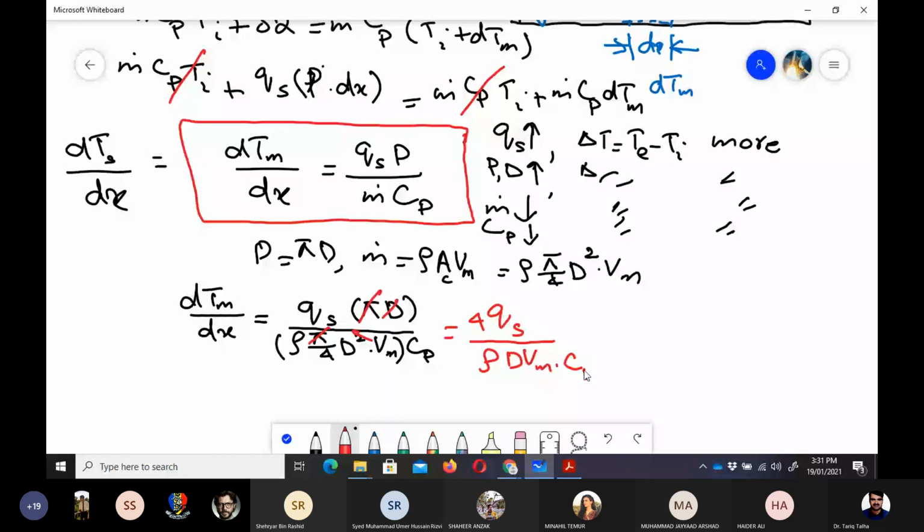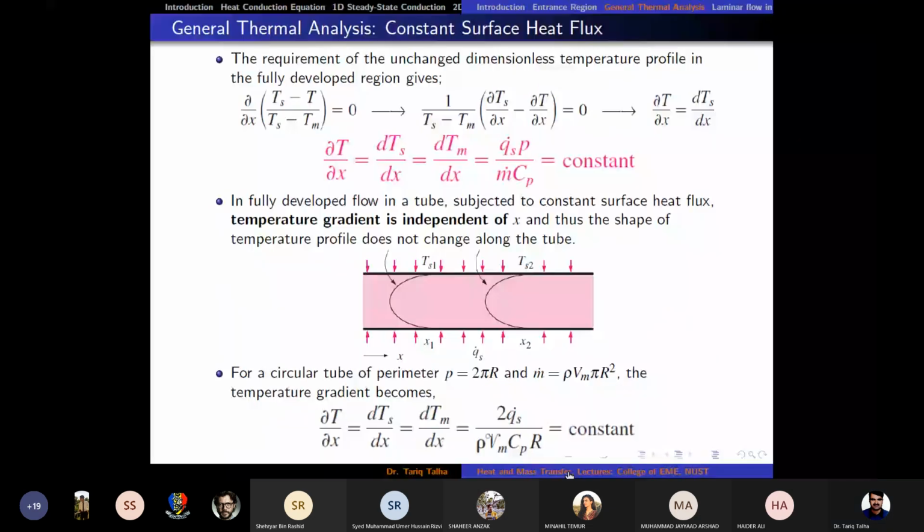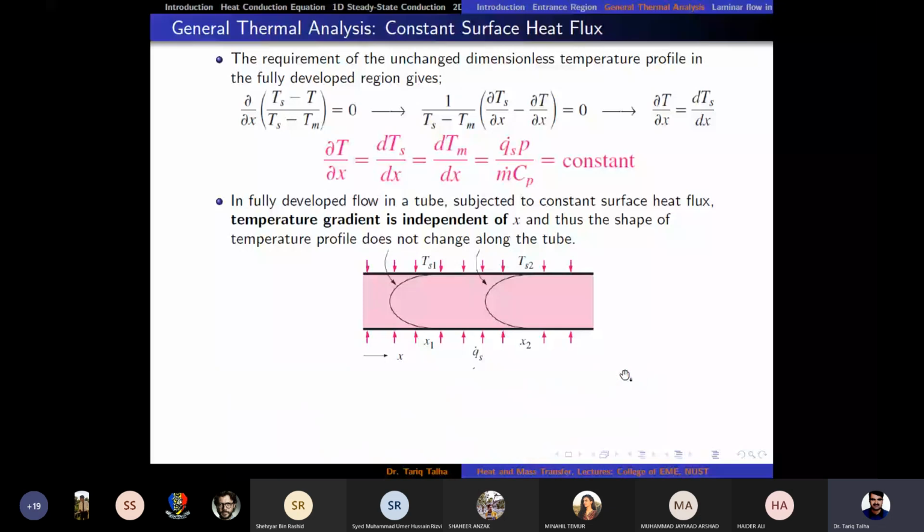So now we can write it in terms of diameter and mean velocity rather than m dot. This is the relation. If we put r as d by 2, it would be 4 qs upon rho Vm cp into d. So that is equally good. So now we have seen how we can calculate the slope.